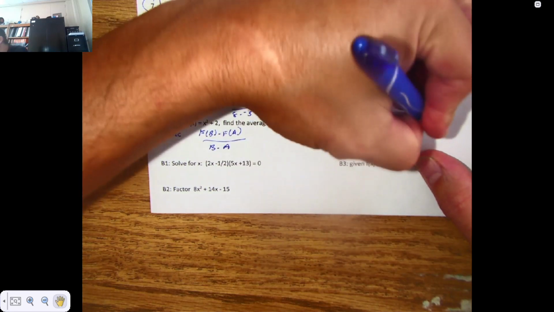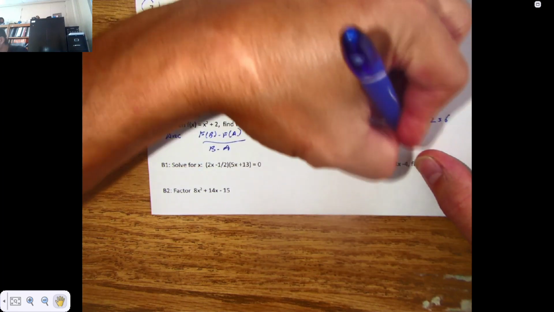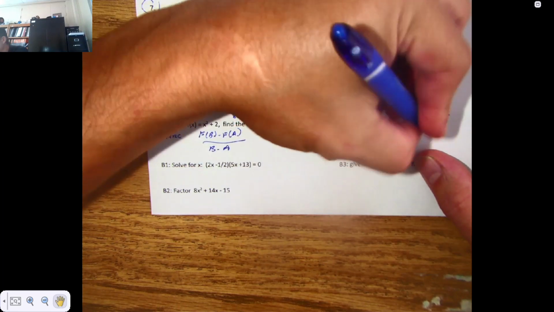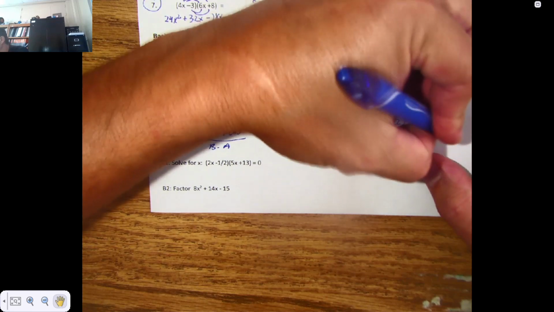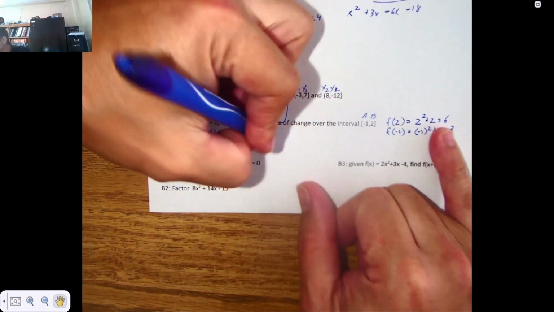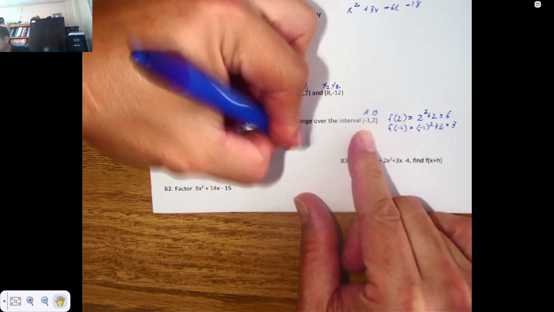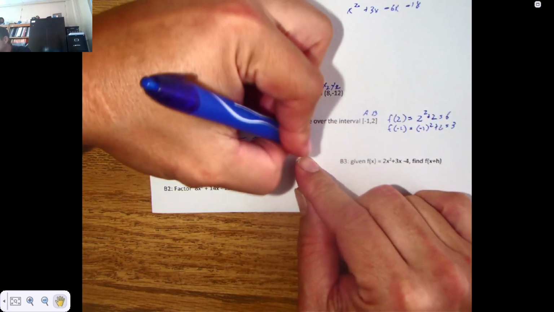It's 2 squared plus 2, which is 6. And you figure out what f of -1 is, which is a -1 quantity squared plus a 2, which is 3. And then you plug everything in. So I have 6 minus 3 over 2 minus a -1, which is 3 over 3, which is 1.